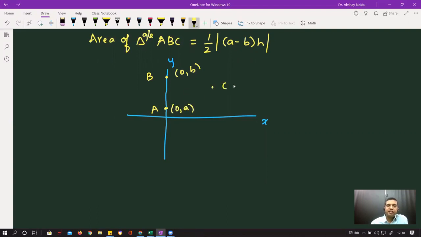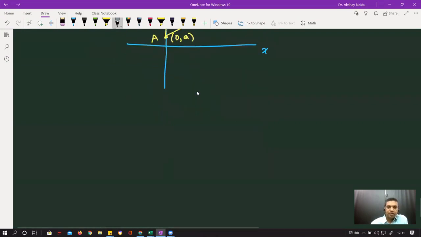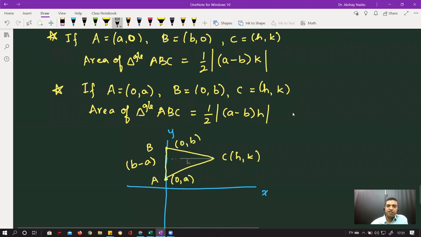And this is point C, h comma k. So this distance is b minus a or modulus of a minus b. It will be the same thing. And what is the height of this triangle? Base is AB. Height of this triangle will be h. Okay. So half of a minus b times h. So this is the formula.